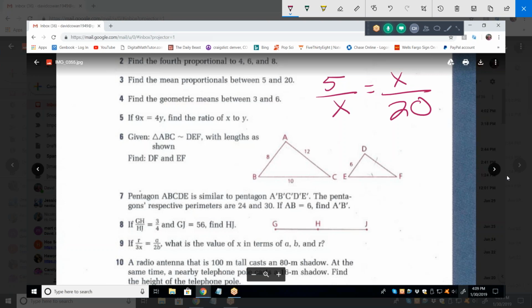Can you solve that equation? 100 equals x squared, so x equals 10.